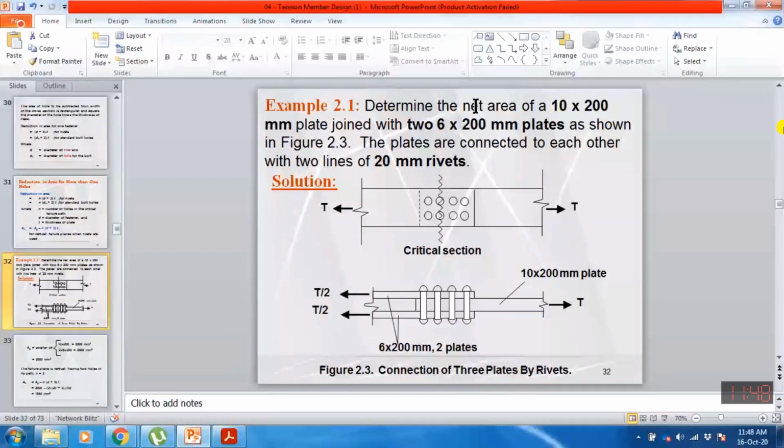See here, 4 bolts are provided along the length in 2 rows.